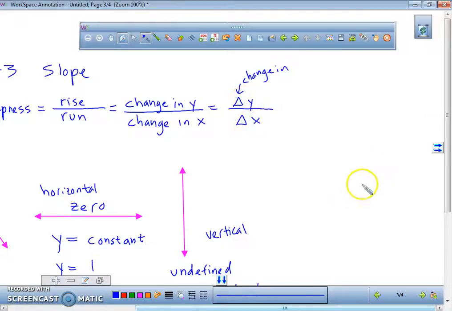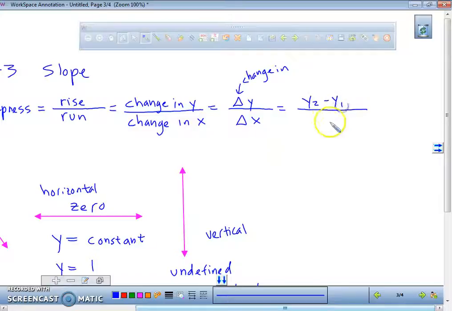Delta y over delta x is dealing with change in y over change in x. That's where we come up with the formula: y2 minus y1 over x2 minus x1. This formula is the formula for the change in the y over the change in the x, which equals our m value known as slope.